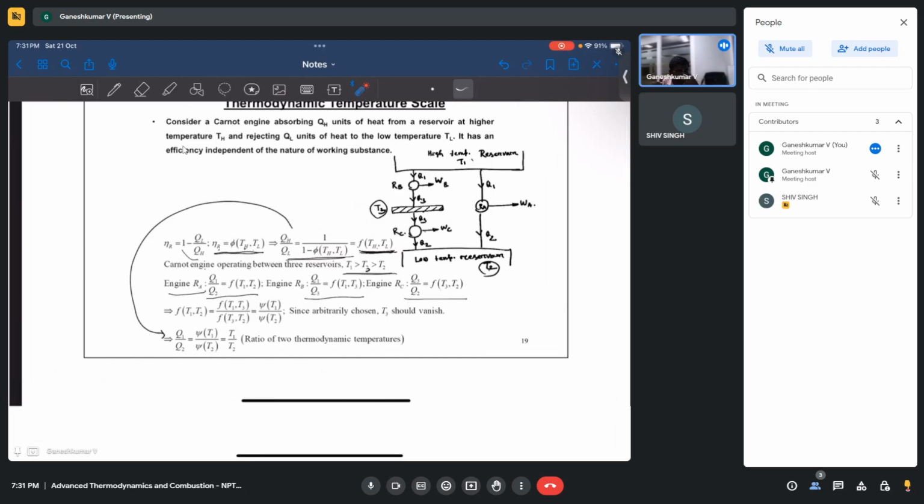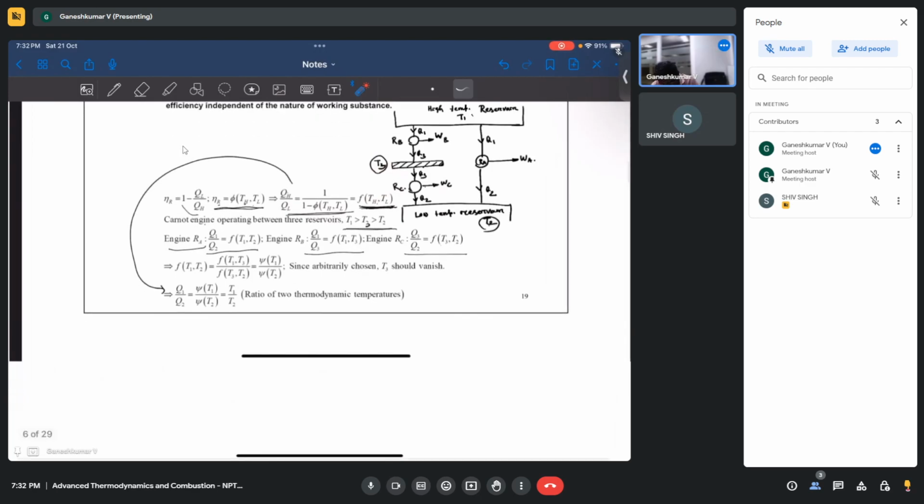That is what the second law of thermodynamics says: a reversible engine gives the highest efficiency. If you have more than two or three engines between the same reservoirs, you still should get the same efficiency. So it shouldn't depend on T3.